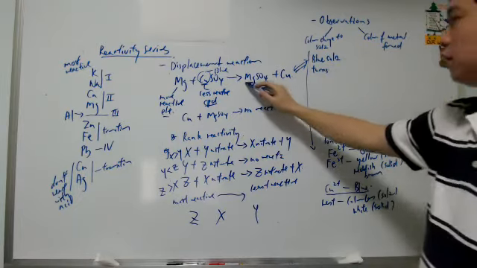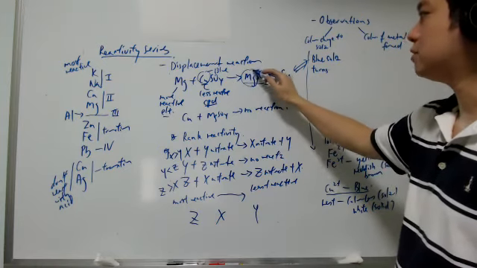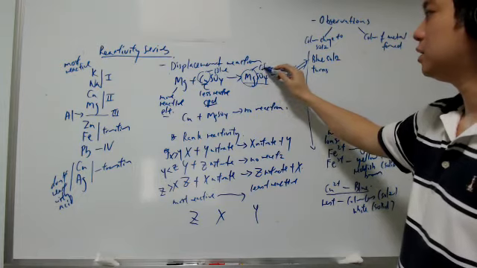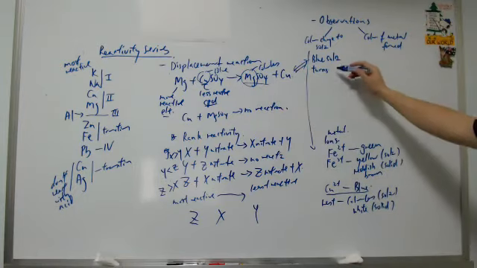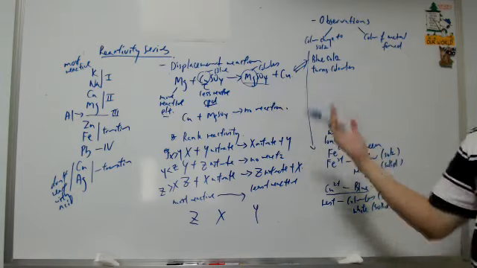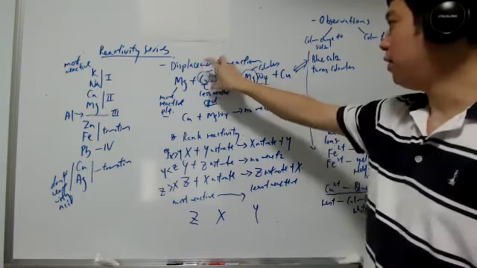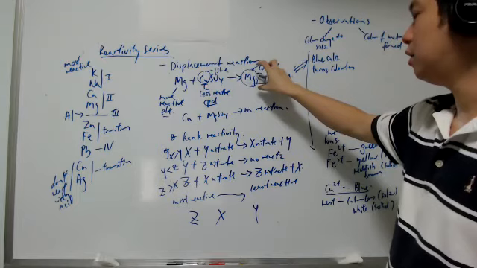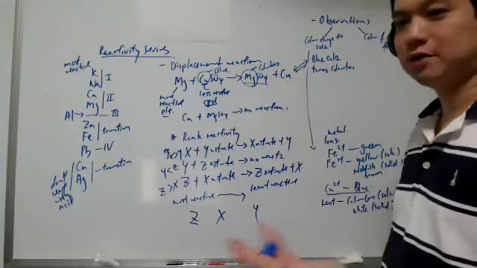Then you see the final compound. The metal is magnesium, and magnesium ion is colorless in solution. So you'll see the blue solution turns colorless. If it's iron 2 sulfate, then it turns green. You just see what's the metal in the compound and what's the metal in the product compound, then you will know the color change.